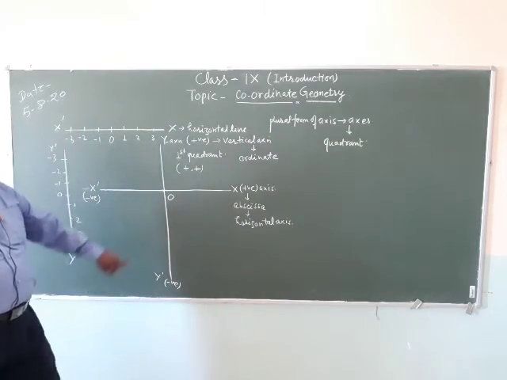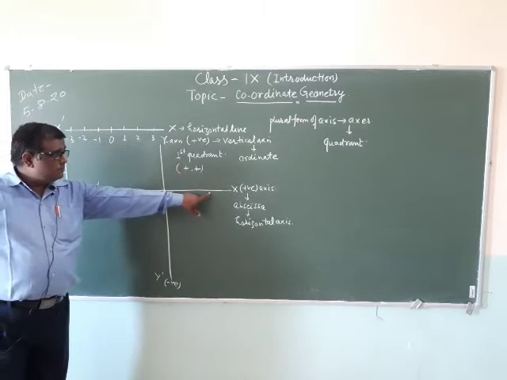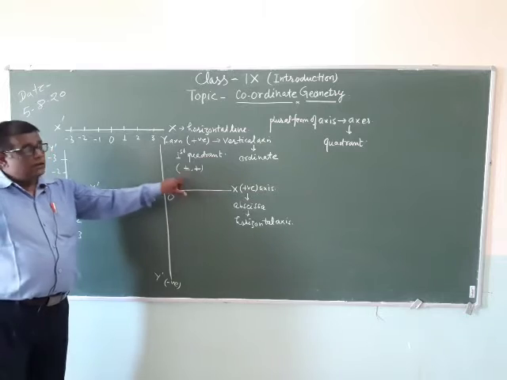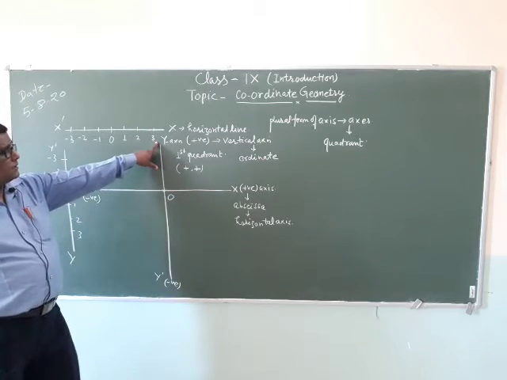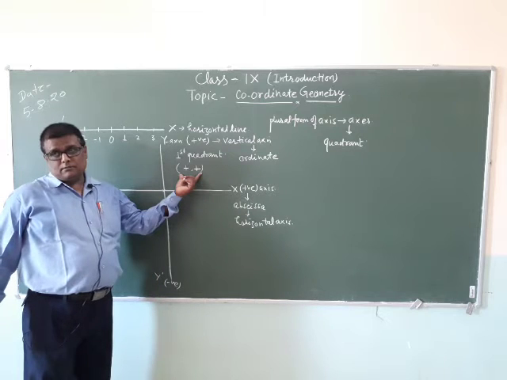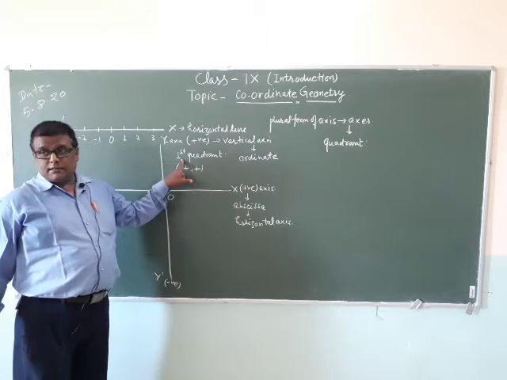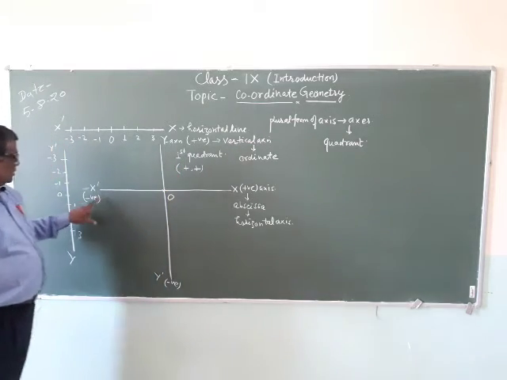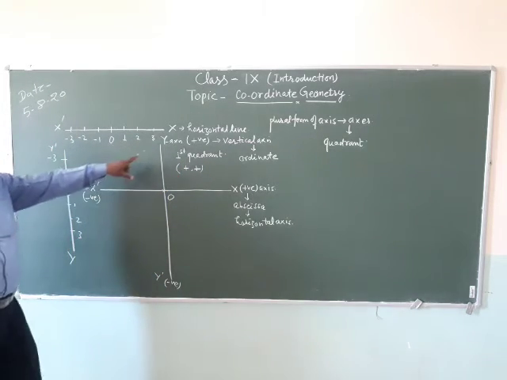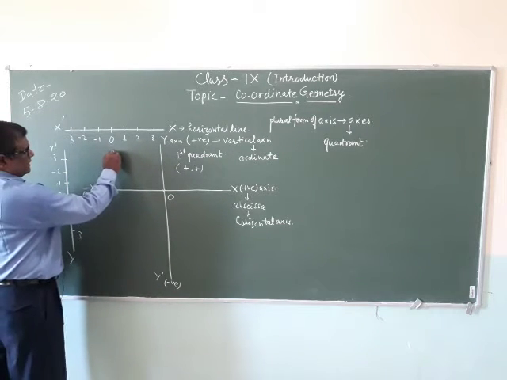Now between the positive direction of the x axis and the positive direction of the y axis, if the point is positive, it is in the first quadrant. Now here look, x is negative, y is positive, so this is the second quadrant.